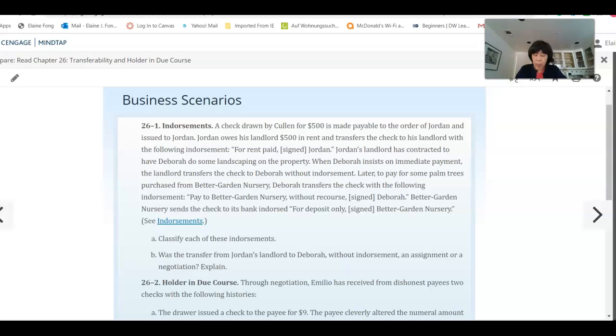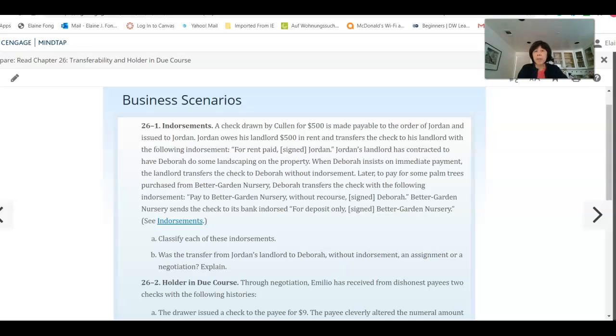All right. So she is trying to be careful. She transfers it to Better Garden. Better Garden, I don't want to comment on whether they should have taken that check. It doesn't seem like a very safe way of being paid, but they took it from her, all right? And all we are doing is identifying the endorsement. So we have a special qualified endorsement.